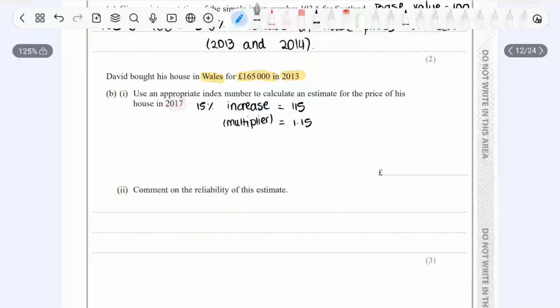And so now the new price is going to be 15% greater than 165,000, or 165,000 multiplied by 1.15. I'm just going to type this into the calculator. And I get this value here, 189,750.